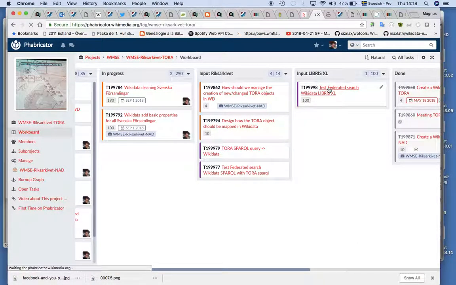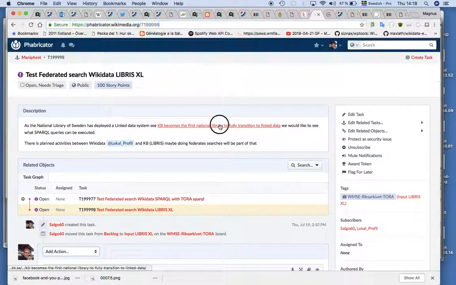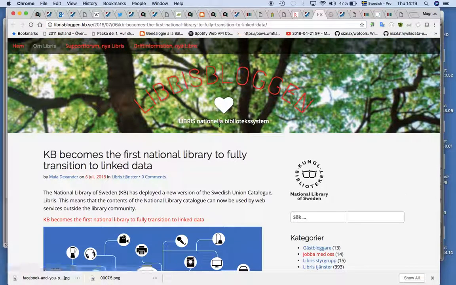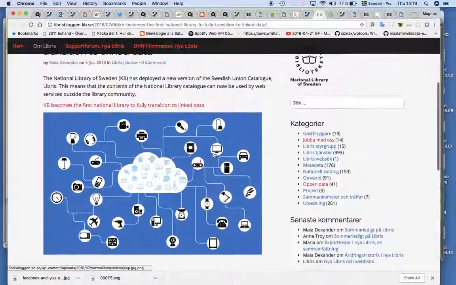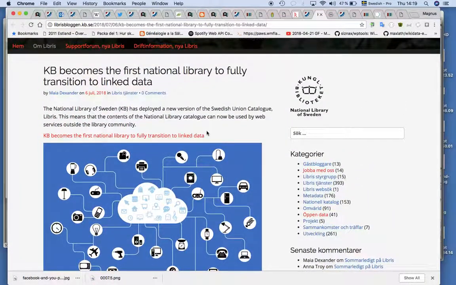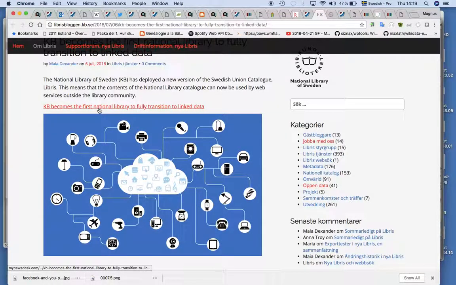And Libris XL is the first national library system that is for linked data. So I hope it's in the design how to do it. If so, we need to gather information on what is the requirement on both sides. Hope this explains my confusion and the purpose of doing this.